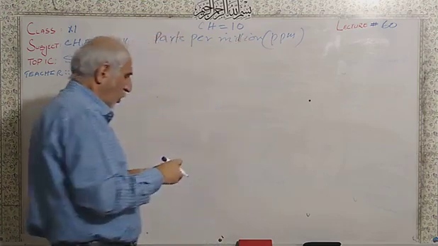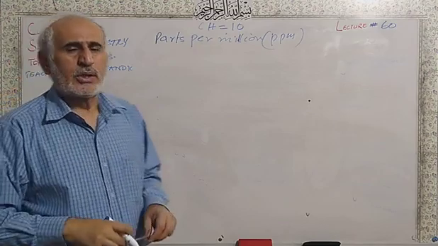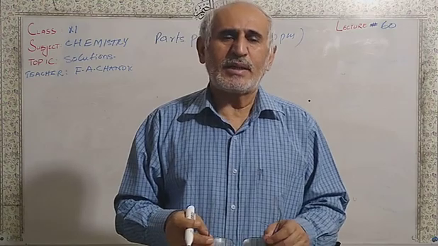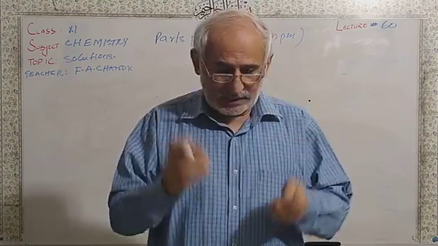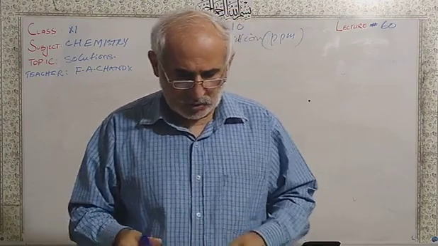Mass or volume of the solute divided by mass or volume of solution multiplied by 10 raised to power 6 is called parts per million, ppm solution.